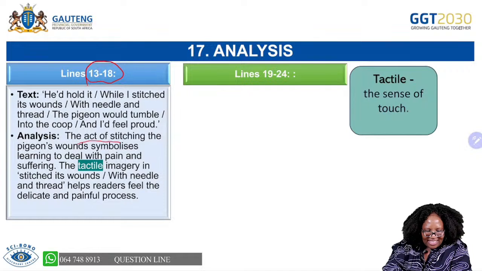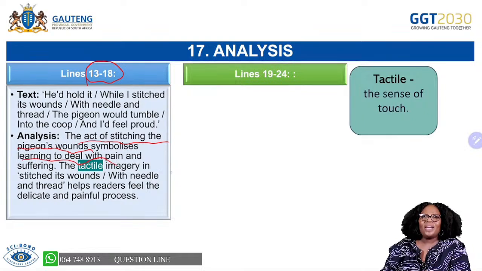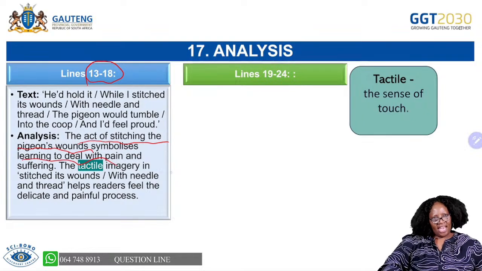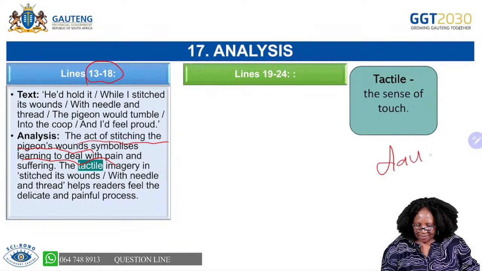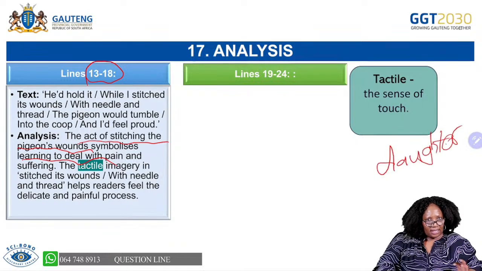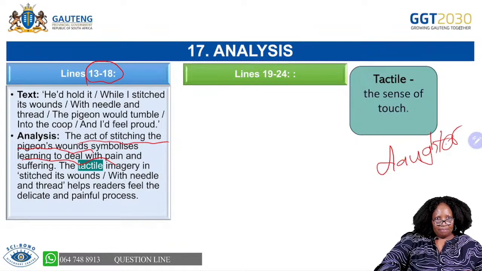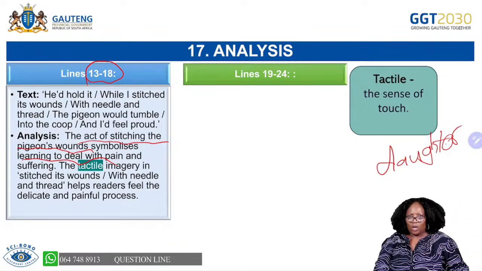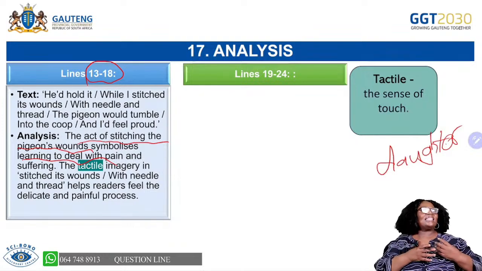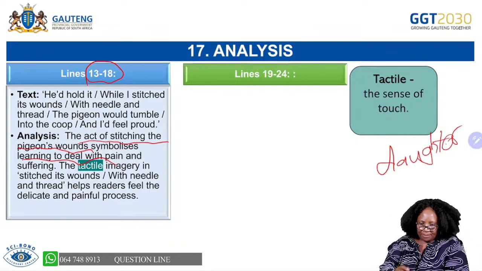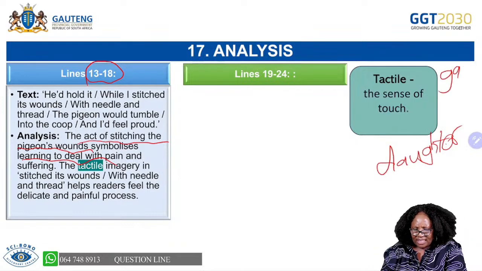The act of stitching the pigeon's wound symbolizes learning to deal with what? With the pain and suffering. And that's what the father wants the daughter to learn. We have a pigeon that was bitten by a hawk, and it races home bleeding with a gaping wound. So what must happen to that pigeon?